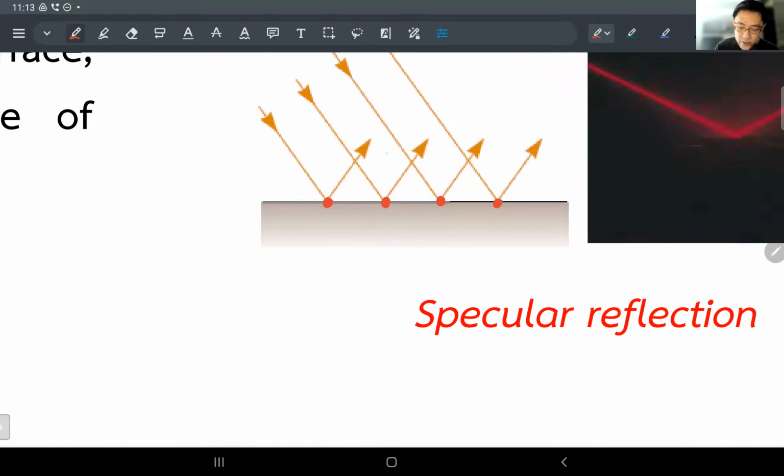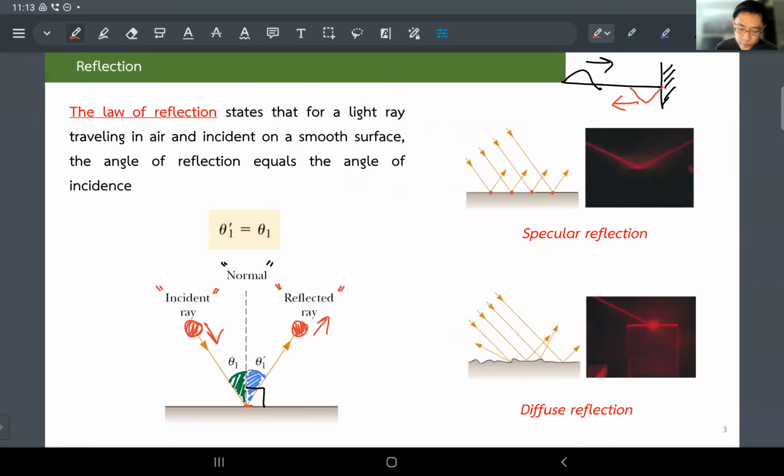So on the way out, the waves still look very good. It doesn't change the formation of these rays on the way out. That's what we call a specular reflection, and you will feel that this is a glossy surface. It's kind of shiny stuff because everything comes back to your eyes very beautifully.